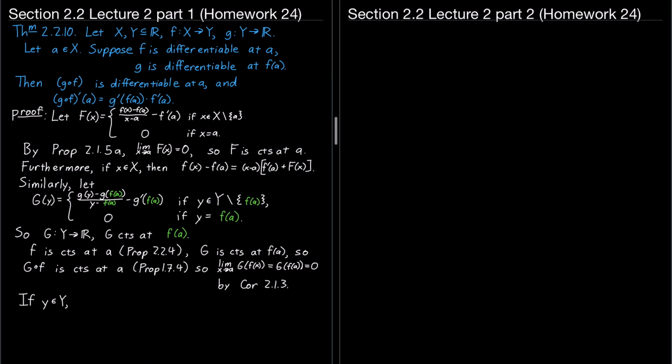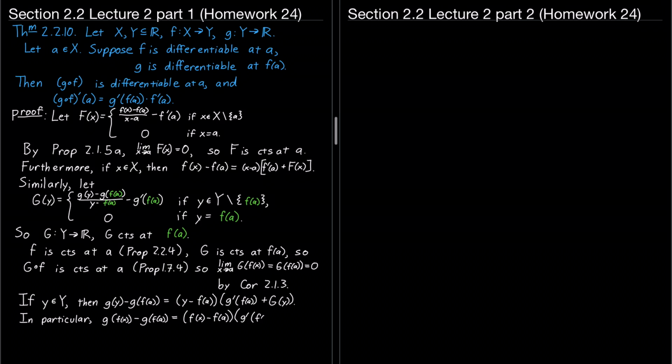If y is in the domain of g, then g of y minus g of f of a is equal to y minus f of a times g prime of f of a plus big G of y, and in particular g of f of x minus g of f of a is equal to f of x minus f of a times g prime of f of a plus big G of f of not a but x.